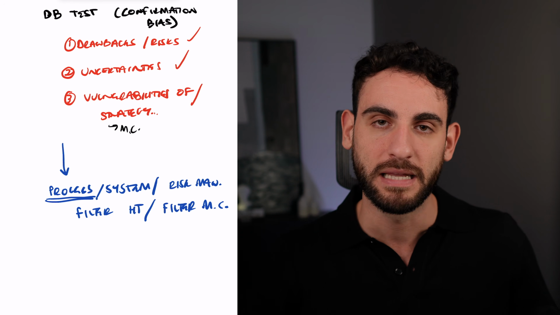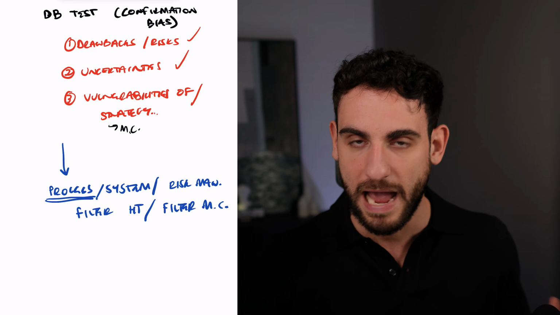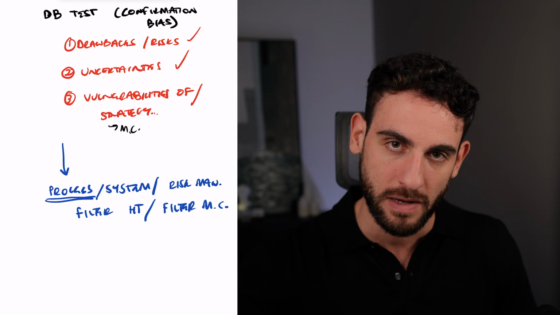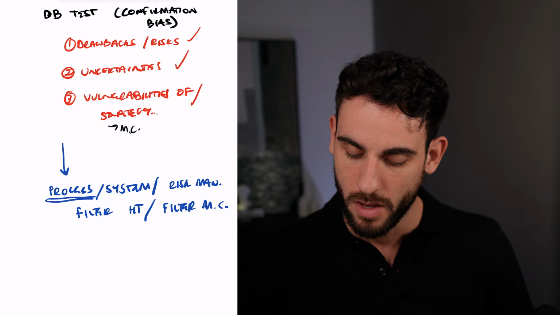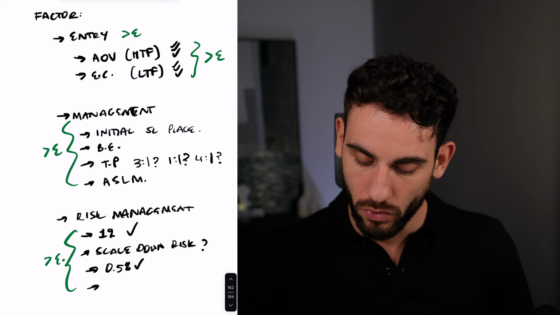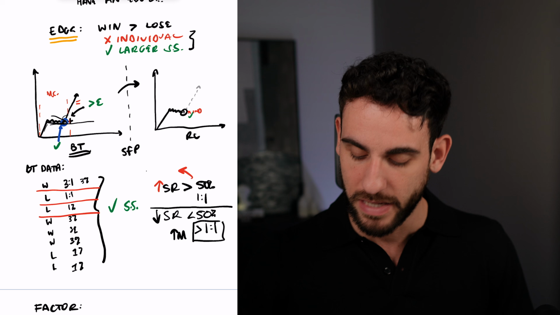Again, it may limit the amount of trades you take in that particular season, but you can reallocate your risk and go very aggressive in market conditions where you know your strategy performs well. Okay? Now, you've gone through and ensured that your edge is profitable more times than not over a large sample space.